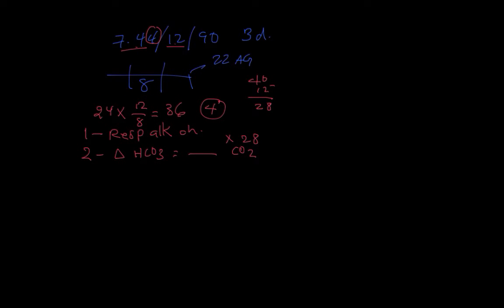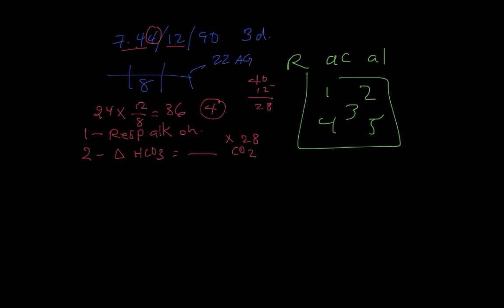The factor is, if I draw the box, 1, 2, 3, 4, 5, respiratory alkalosis, acute, chronic, that is chronic, 0.5, equals 14. So I expect the bicarb to drop from 24 by 14 points down to a 10.